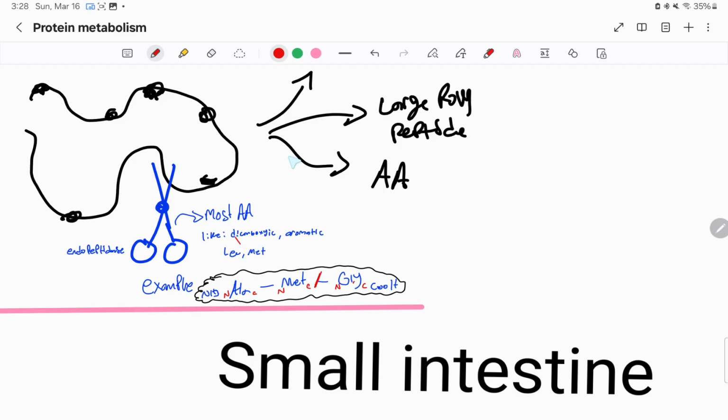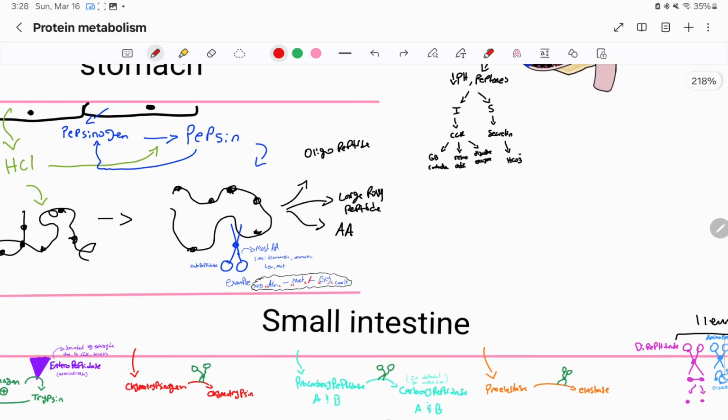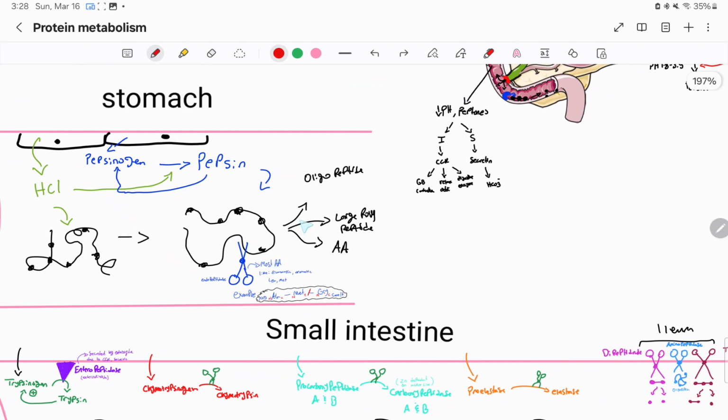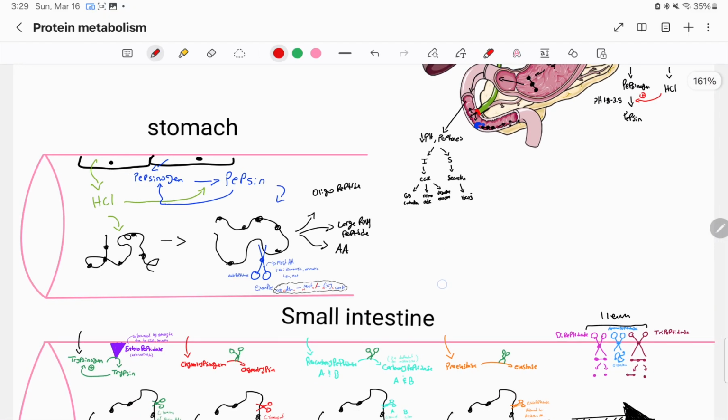And it can do this for all of the other amino acids I listed here, like dicarboxylic, aromatic, leucine, and again, methionine. You don't have to know this, but the whole point is that you're going to create oligopeptides and large polypeptides and some free amino acids, potentially.